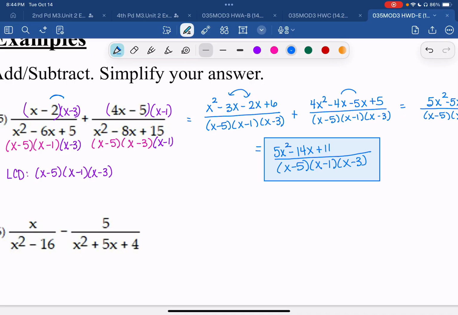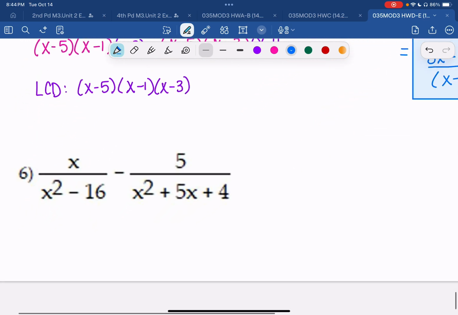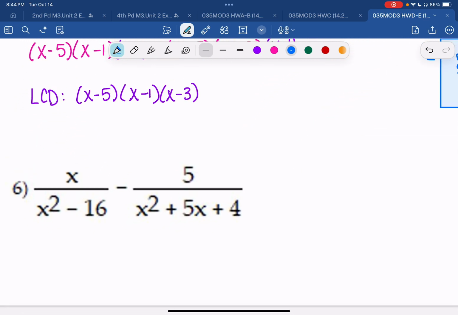Okay. Last one. All right, we're going to start by factoring. So we've got x plus 4, x minus 4. And this one, let's see, x plus 4, x plus 1.